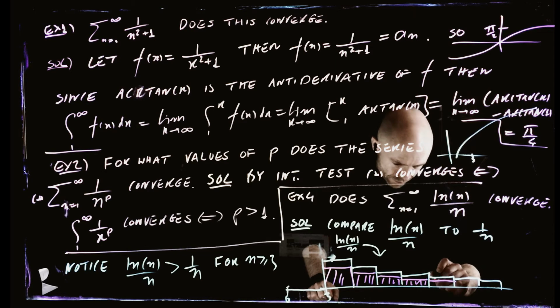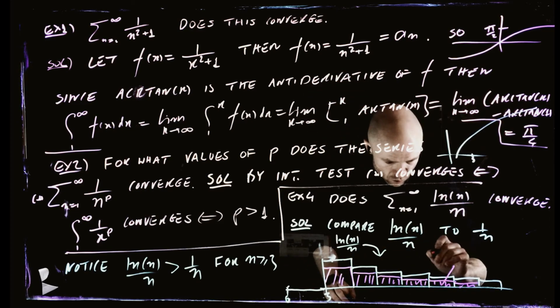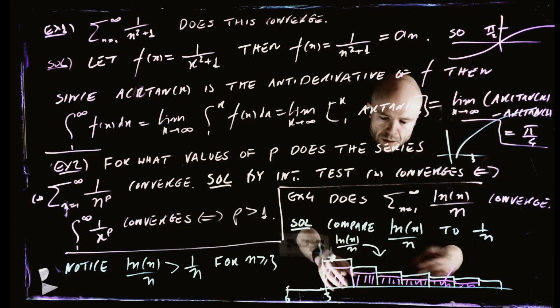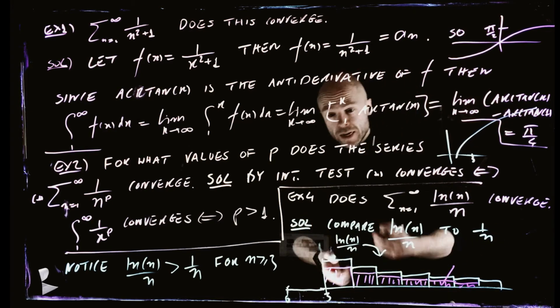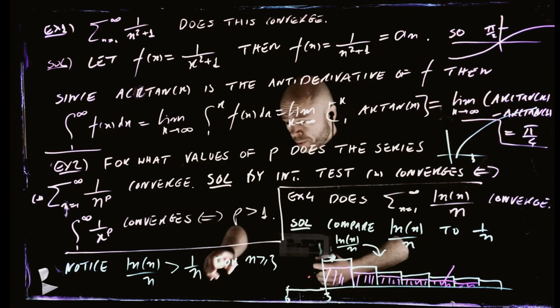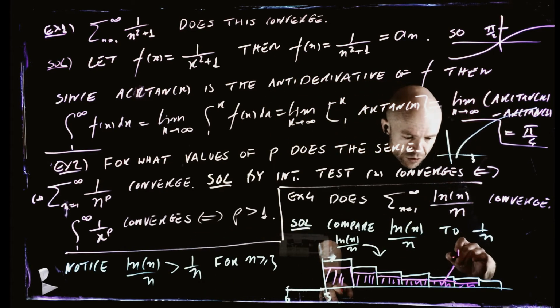Cool. So we know that the area underneath the 1 over n blocks is infinite, right? And since these blocks live on top of it, then that has to be infinite too. So just by comparing these, visualizing what it says, we know for sure the answer.